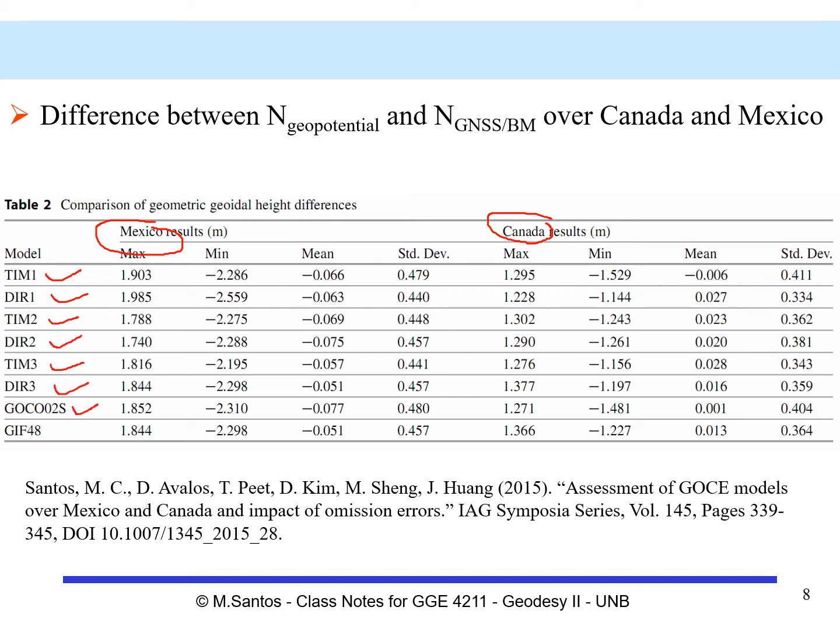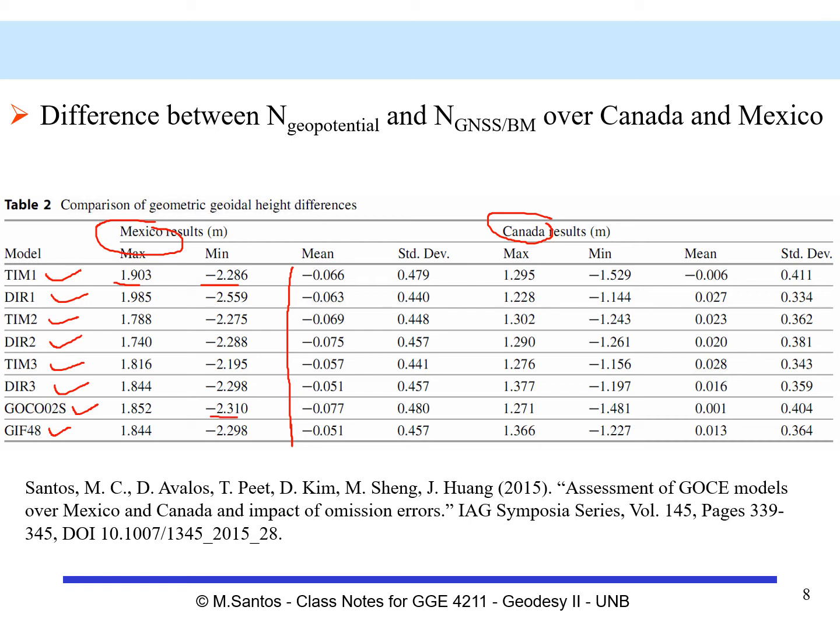Each one of these is a different geopotential model, and here we have the mean values. For Mexico, we can see that it is all around 5, 6, 7 centimeters, with maximum and minimum values in the range of 1.9 and the highest would be 2.3.